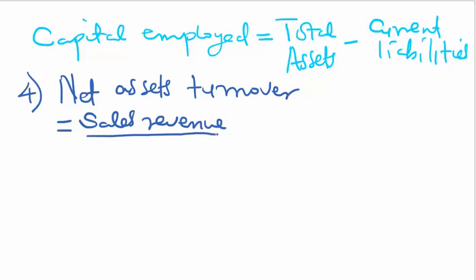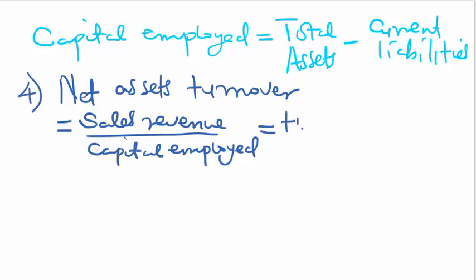We've looked at capital employed, and we know how to calculate it. This net assets turnover is calculated as times per annum. So if you find 2, it means 2 times per annum. If your sales over capital employed is 3, then it's 3 times per annum. And it tells us management's efficiency in generating revenue from the net assets that are employed in the business.